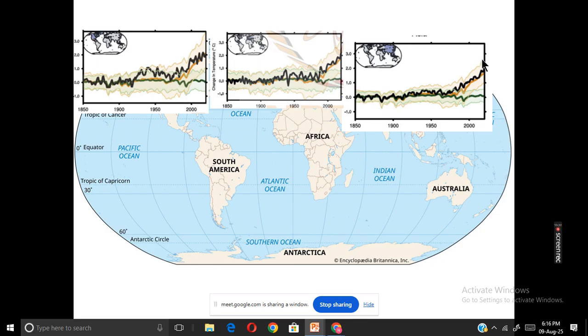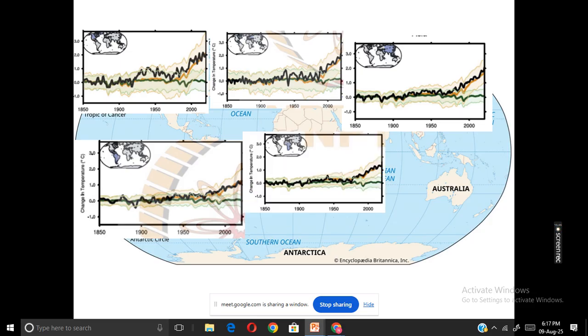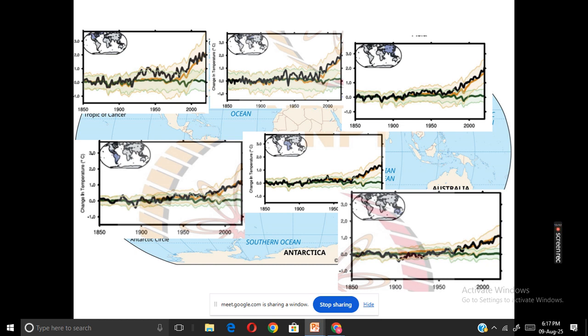Now when we come to the southern hemisphere, in South America, the value is less than 1 degree Celsius, and in the African region close to 1 to 1.1 degrees Celsius, and over Australia close to 1 degree Celsius. So on the temperate regions, North America and Europe, we have an increase of 2 degrees Celsius, both in the northern hemisphere.